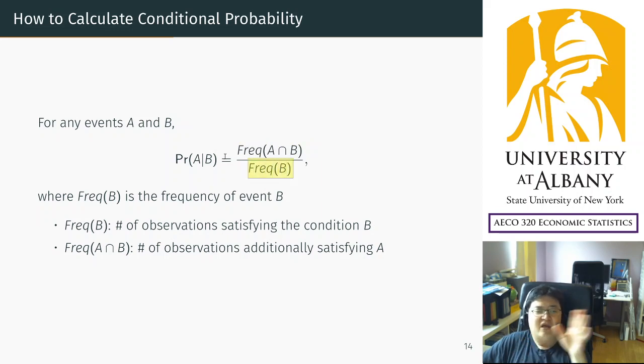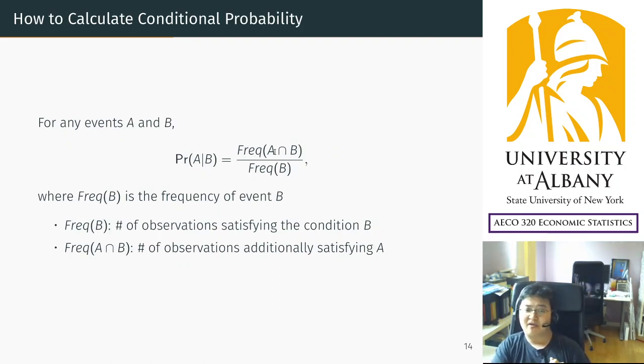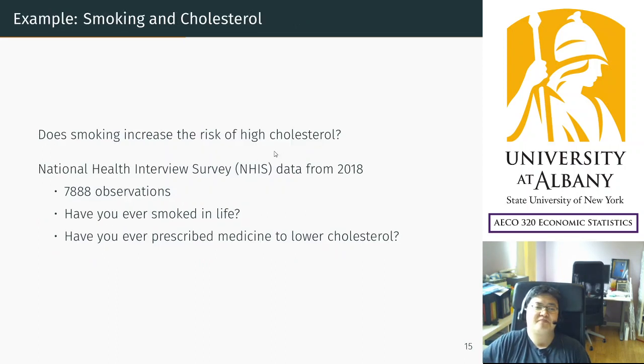In the conditional probability, the pool size is adjusted. So it is a fair comparison now. Okay, so we defined conditional probability, and especially important is the distinction between the condition and the main event of interest.